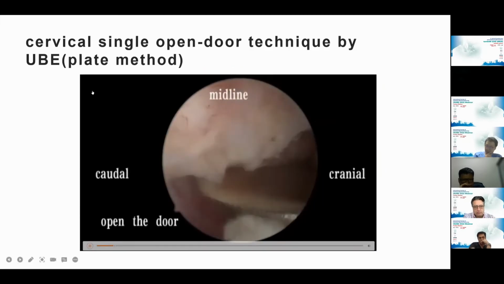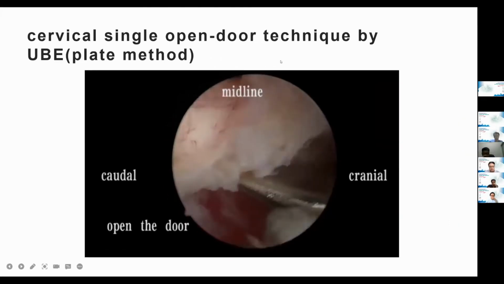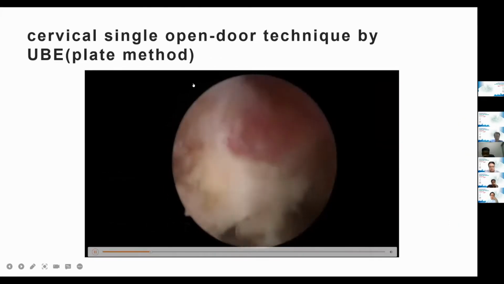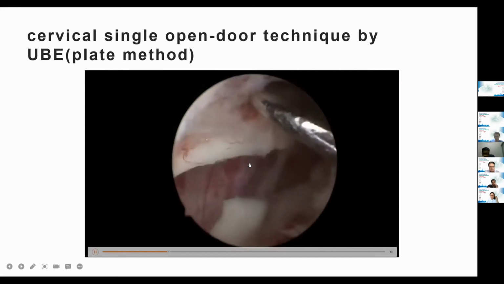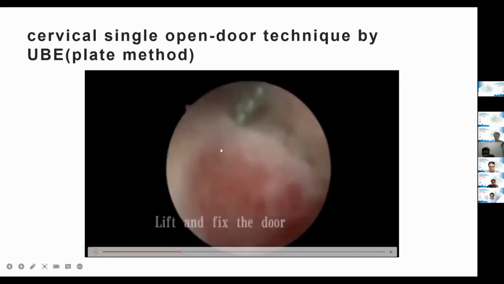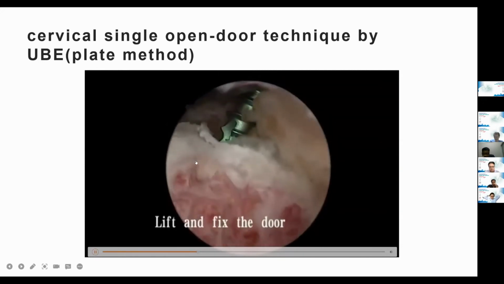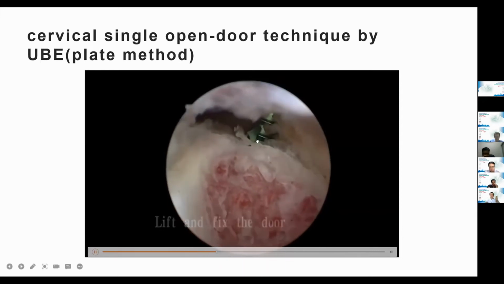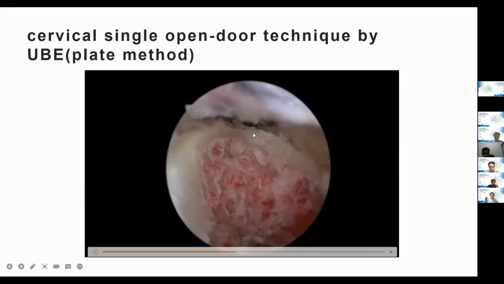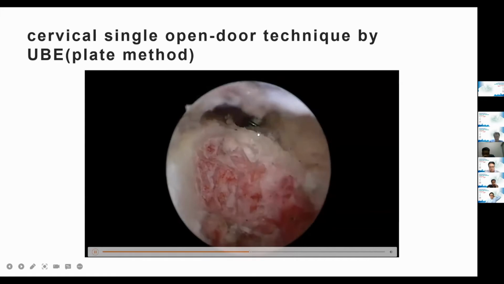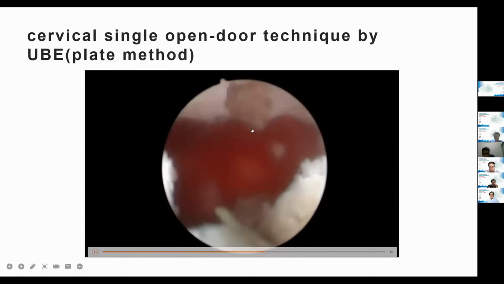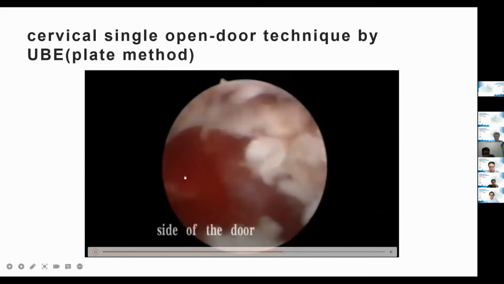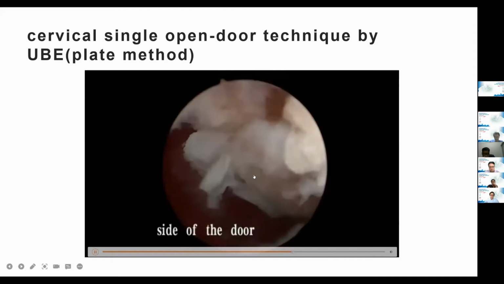I designed the cervical single open door technique. This is a plate method. I use the detacher to open the door and then fix the door side by the plate, the spindle side plate. This is the open door side.